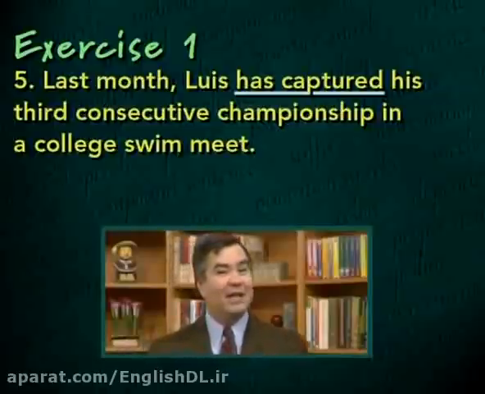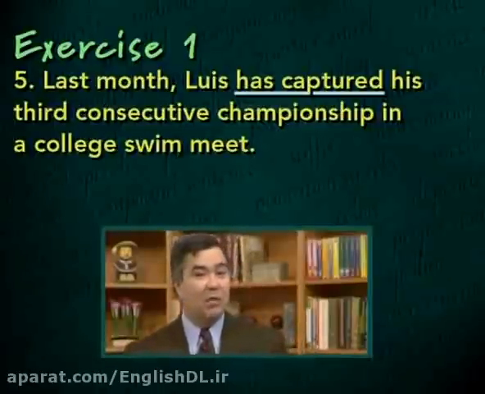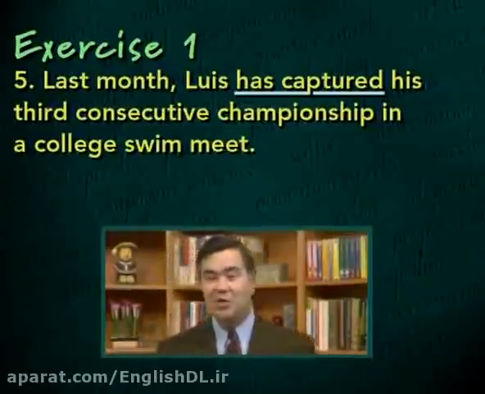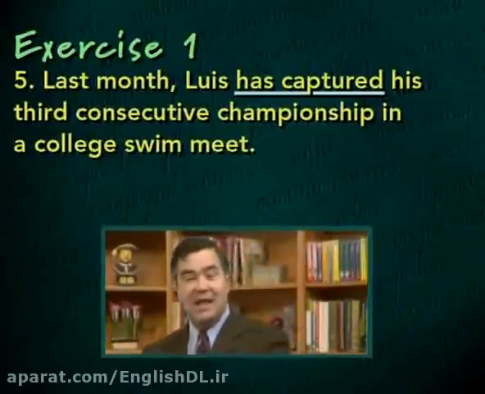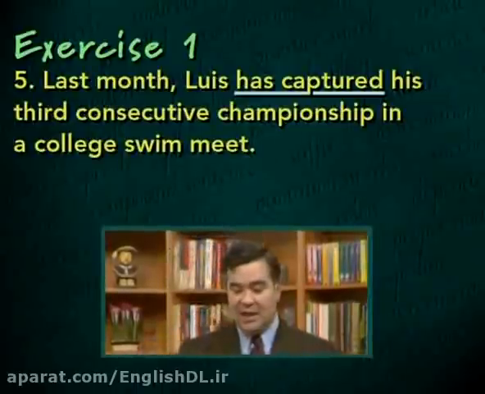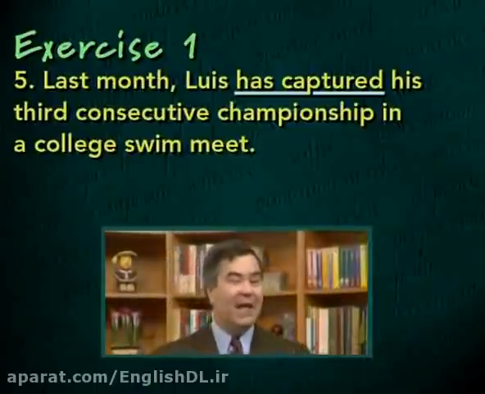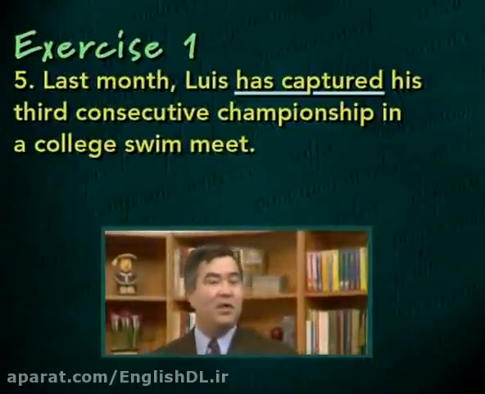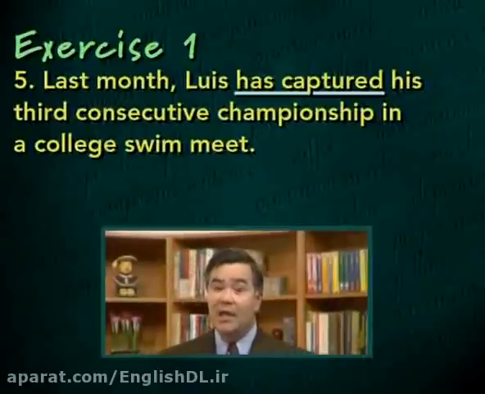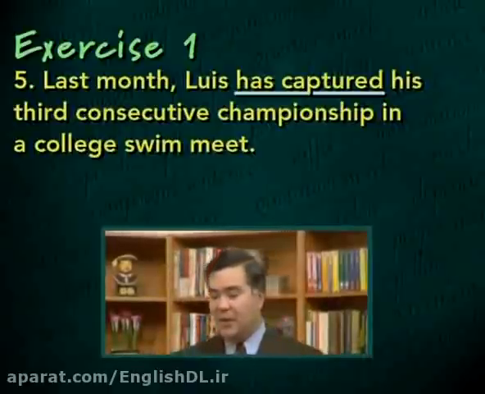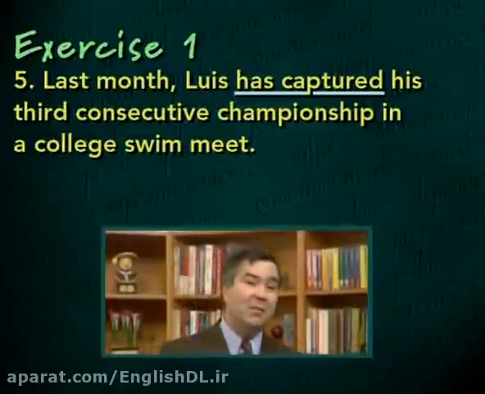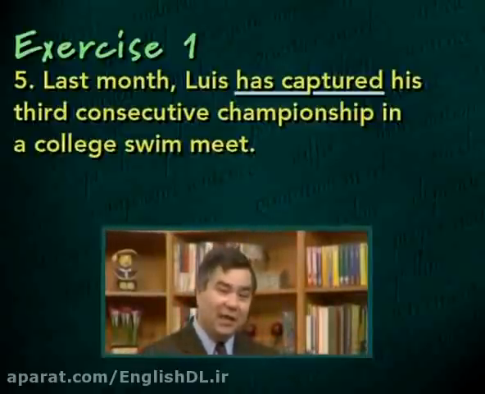Is that the correct tense to use in this sentence? Remember that the present perfect tense is used to describe past events extending up to today. Now, is the capturing of the championship by Luis, is that a past event continuing up to today? Not really. He captured the championship in the college swim meet last month. It happened then, and it was completed then.